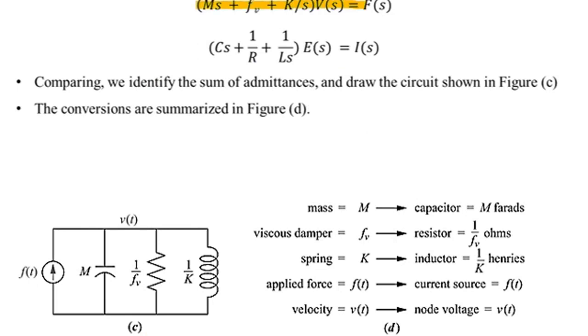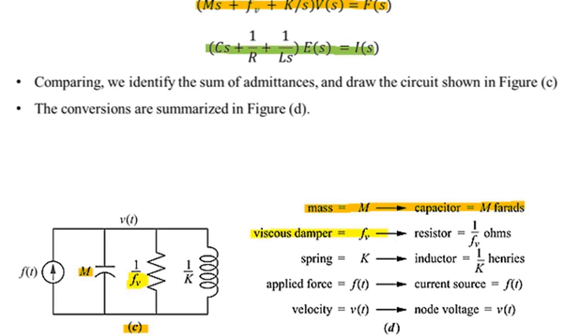Dear students, now we will compare quantities of both equations corresponding to the power of Laplace operator S and form our desired circuit as represented in figure C of this slide. Upon comparison, we conclude that mass M of the translational mechanical system can be represented in the nodal circuit with a capacitor with capacitance M farads.